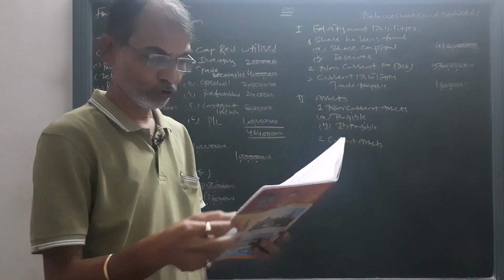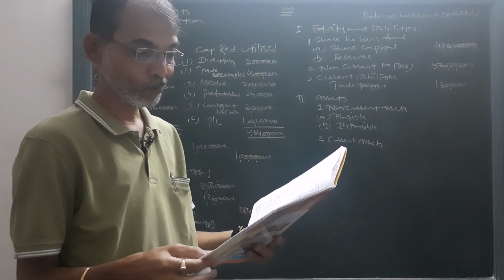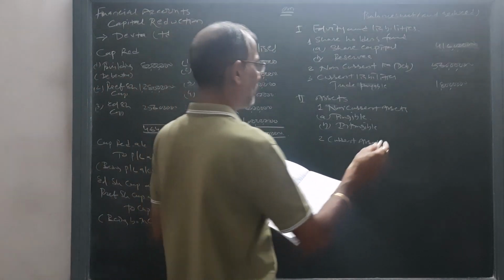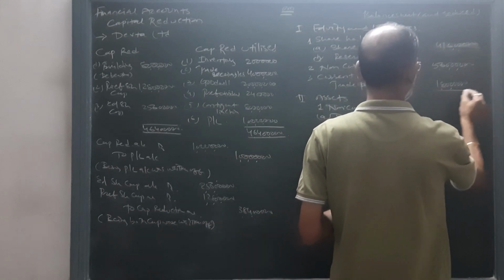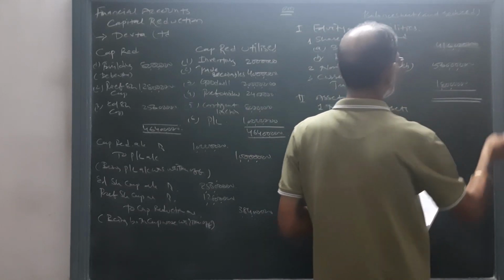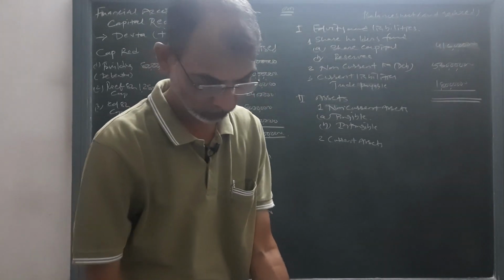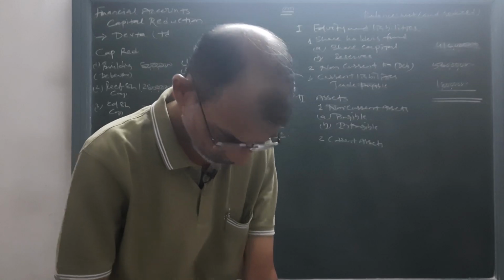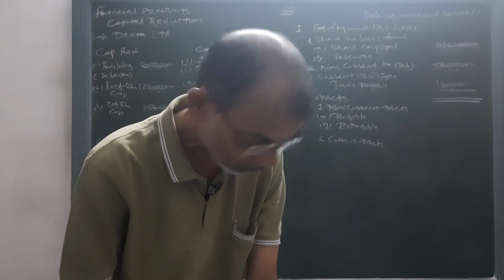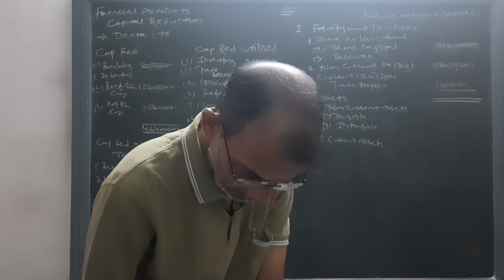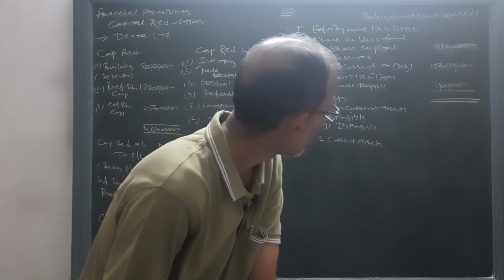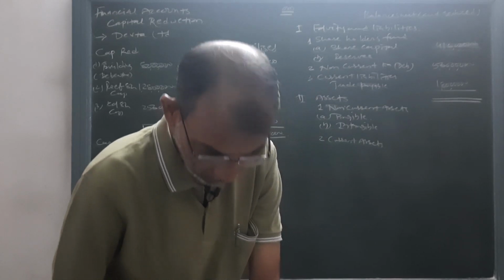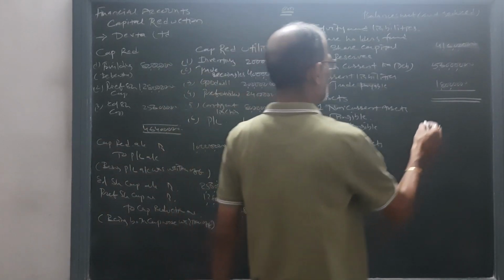There wasn't any new liability. So total of the liability side will be 4 crore 16 lakh plus 5 crore 60 lakh plus 1 crore 80 lakh, that is 11 crore 56 lakh.